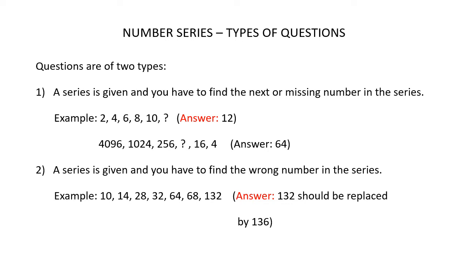So 132 is the wrong number in the series. It has to be replaced by 136. So in a wrong number series, one of the numbers will be wrong and it is not following the pattern. You have to find out which is that wrong number.